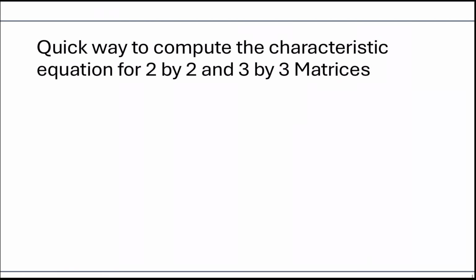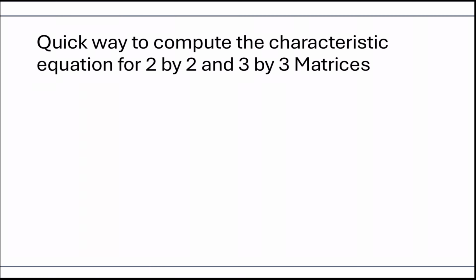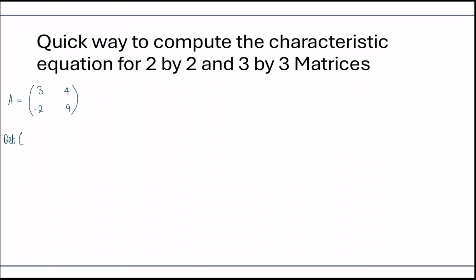If I now make up some sort of random matrix, so if we had this 2x2 matrix A, which is 3, 4, minus 2, 9, if we work out the eigenvalues of this matrix, we would have to use that characteristic equation, which was that A minus lambda I and equal that to 0.